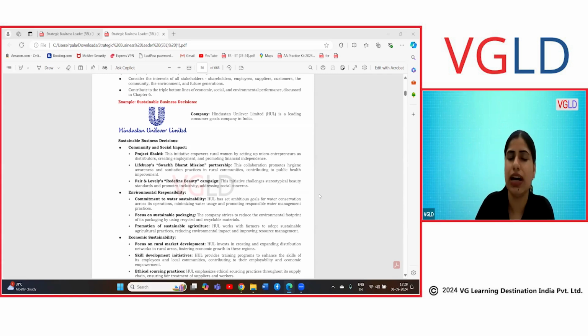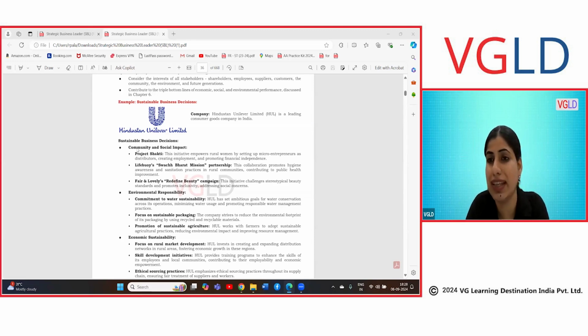So yes, there are some examples regarding sustainability. The first example considers community and social impact. If we think about sustainability in our business decisions, we have certain examples. One of the examples is Project Shakti.